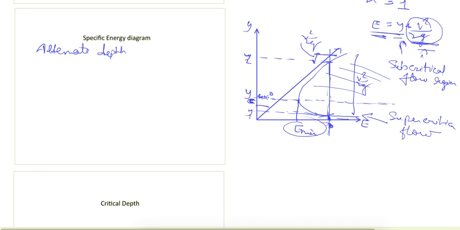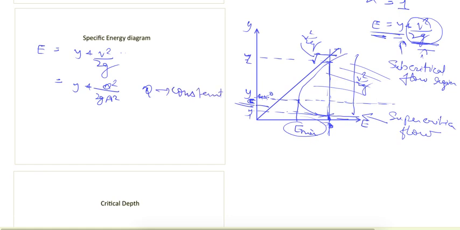First we'll try to find the critical depth from this equation. Here we saw E is equal to y plus v square upon 2g, and we can rewrite it as y plus q square upon 2g A square. If I take q as a constant for the same discharge, and want to find the minimum of specific energy, then dE by dy should be equal to 0, because depth is the only parameter which is changing.